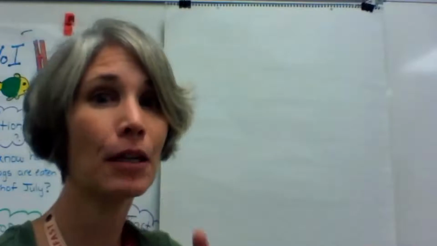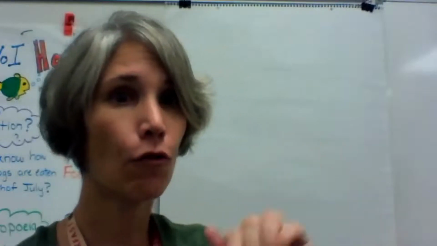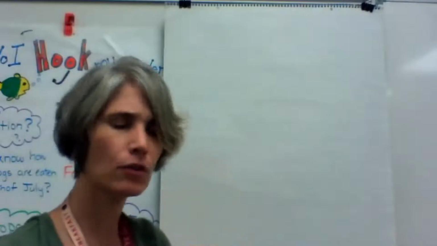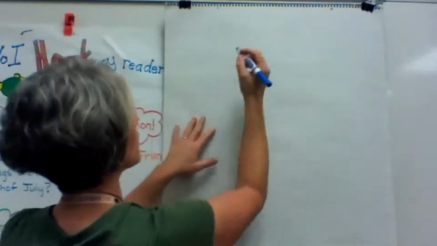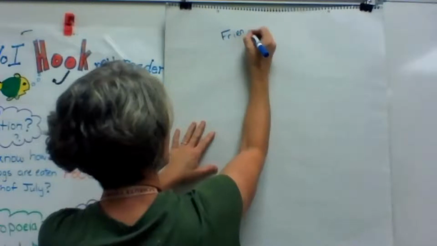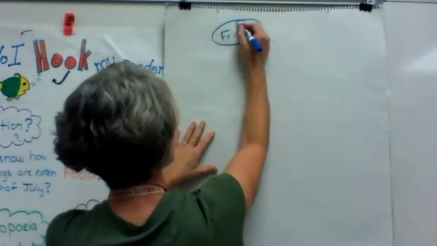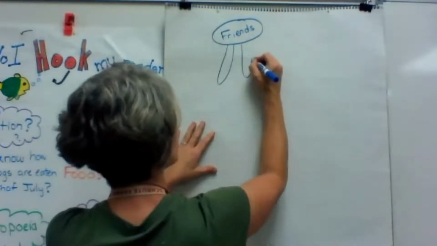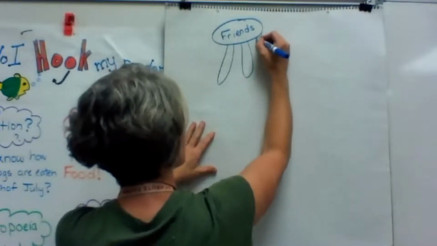So here we go again. All right. And I'm going to show you main idea number 1, friends. I'm going to do just a little bit of brainstorming because on my brainstorming the other day, I didn't have any details. So what do I like to do with my friends? Okay, let's see. I'm going to just put friends. And I'm going to need the 3 legs of my stool. 1, 2, 3.